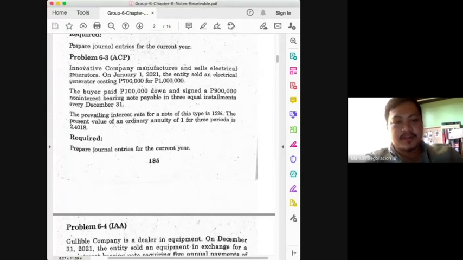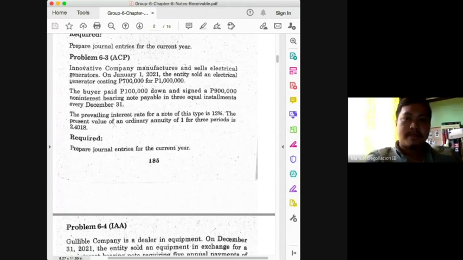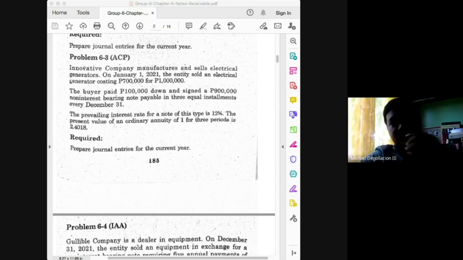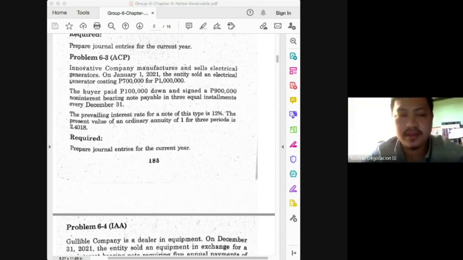Okay, and if you're asked at what amount will your notes receivable be presented, again you start with the remaining face value of your notes receivable and deduct the remaining unearned interest income. So you don't have to start from the very beginning, class. You can just start from the balances at the end of the previous year.